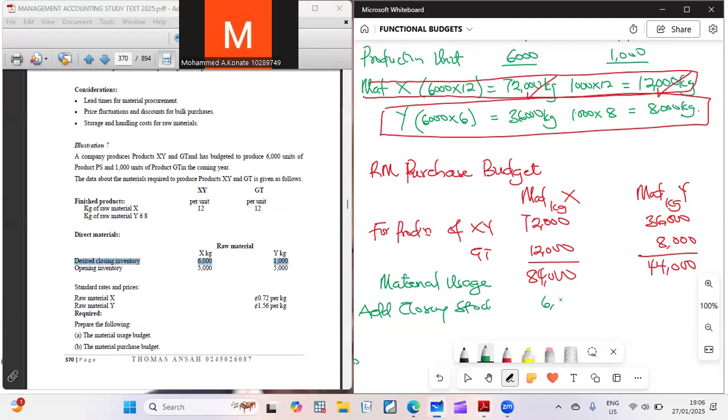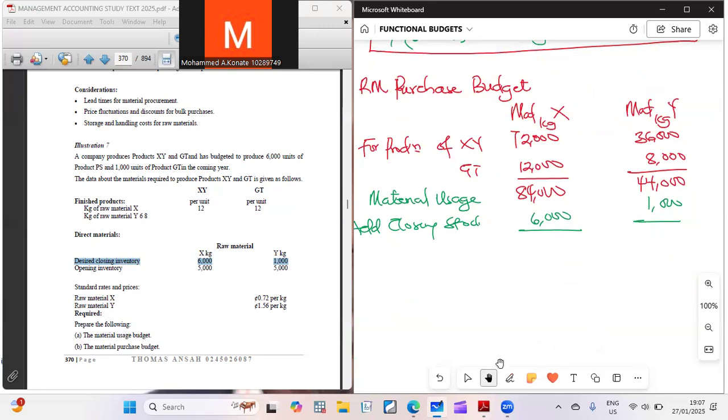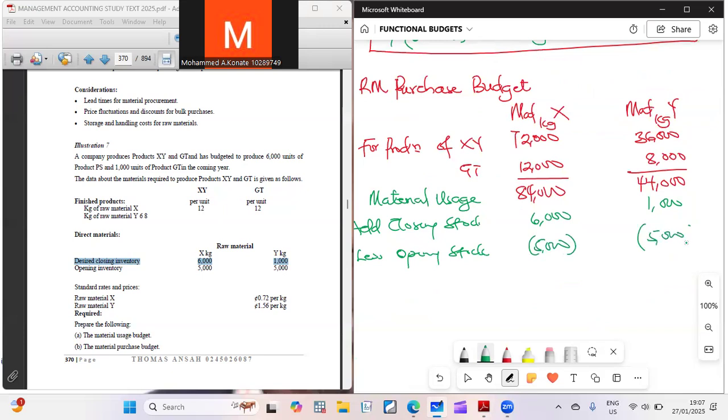And that of Y is 1,000. So you add, but less the opening. So what is the opening stock? For material X, it is 5,000. For material Y, it's also 5,000.